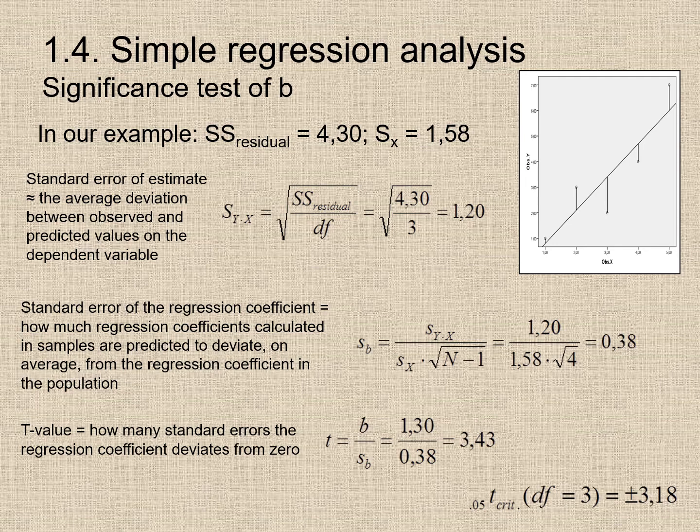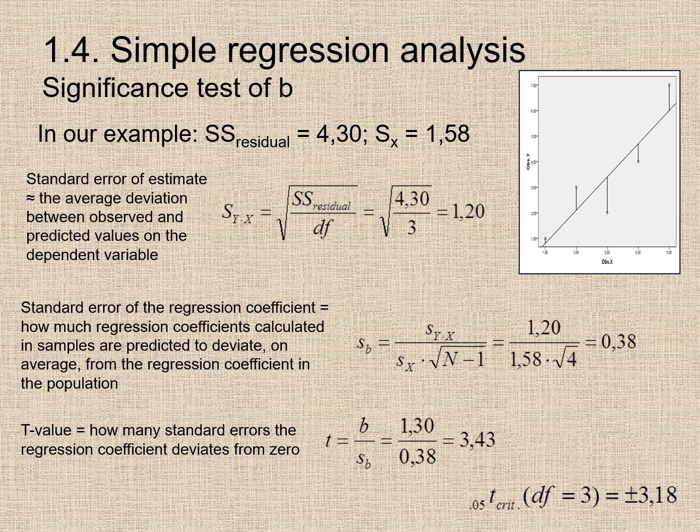A bit about wording there. You said we assume that in the population there is a significant association. I would prefer not to say that; the word significant, non-significant, you use about samples. You calculate if something is significant in a sample.